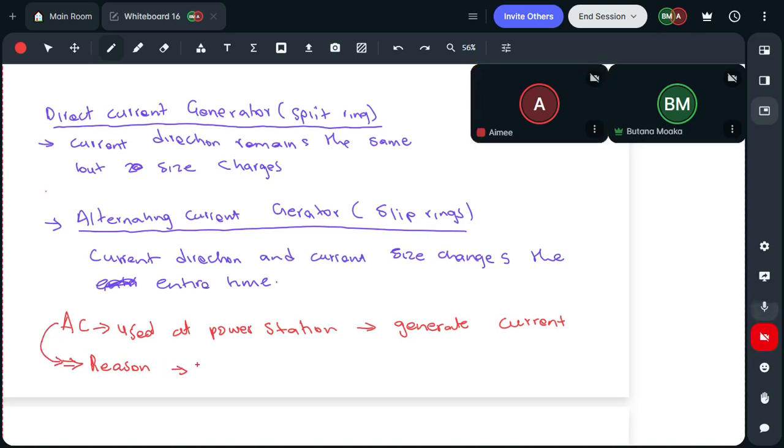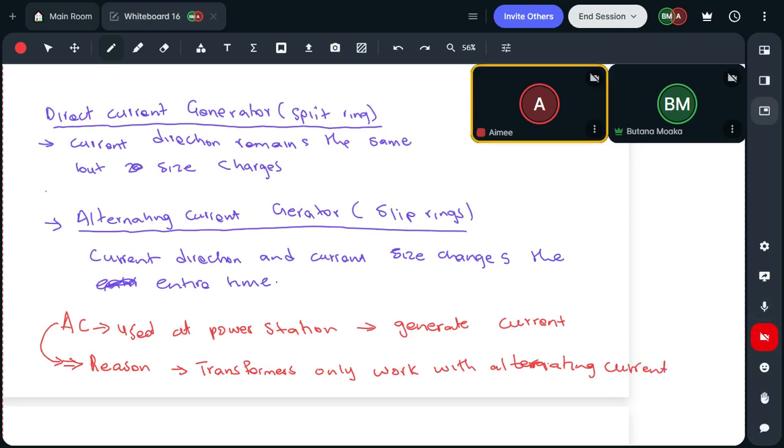The reason is that transformers only work with alternating current. Are you following? Yes.